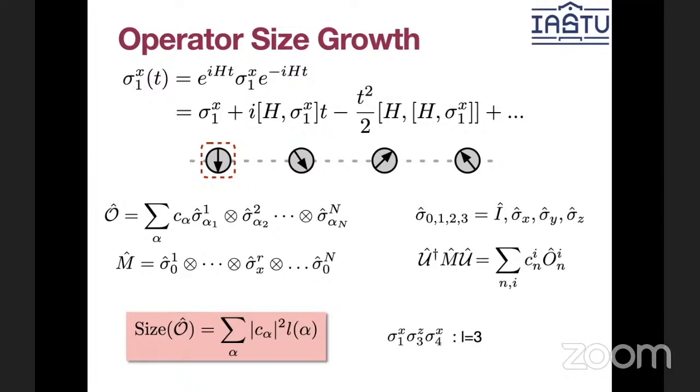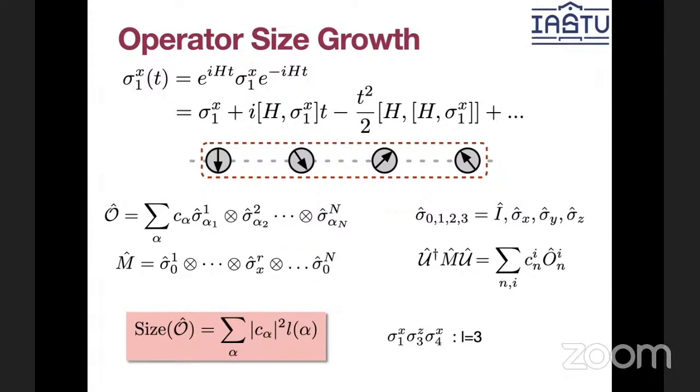First, let's see a single qubit operator in the Heisenberg picture. At the beginning, it just applies to a single qubit, but with time evolution, these commutators become more and more important. So this operator can couple to another qubit, and finally, the entire system can be entangled together.